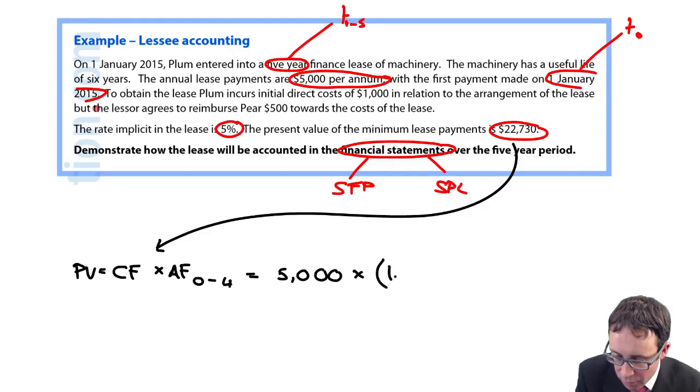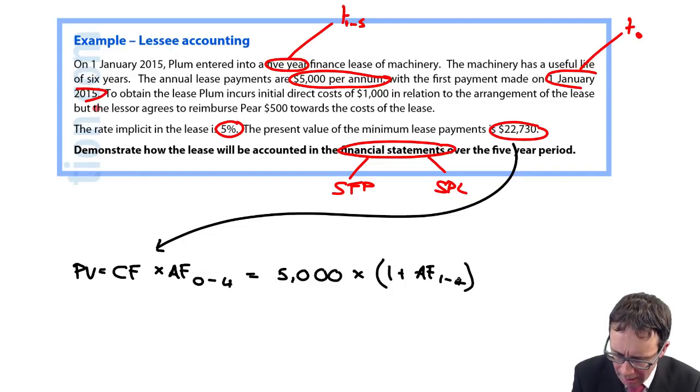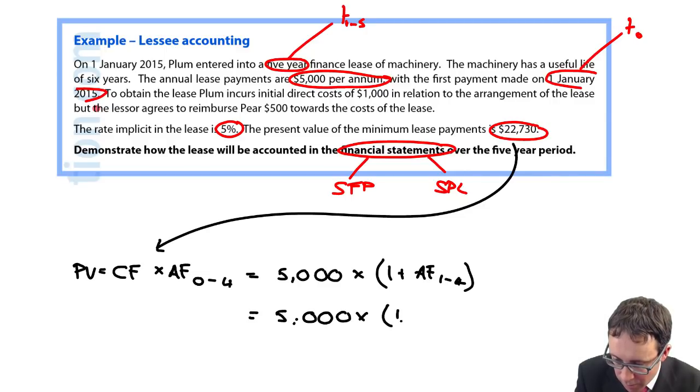An annuity factor from 0 to 4 is 1 plus an annuity factor from 1 to 4. Okay, and I'm led to believe that that's 5,000 multiplied by 1 plus 3.546.